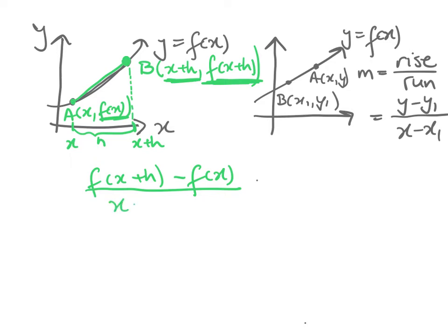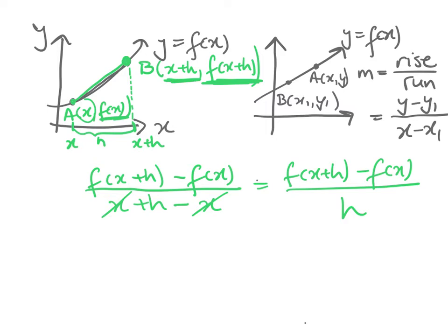So it's x plus h, take away the x coordinate of point A, which is x. The x's are going to cancel out, and we will be left with f of x plus h, take away f of x, over h. Now, this is the slope of this chord.